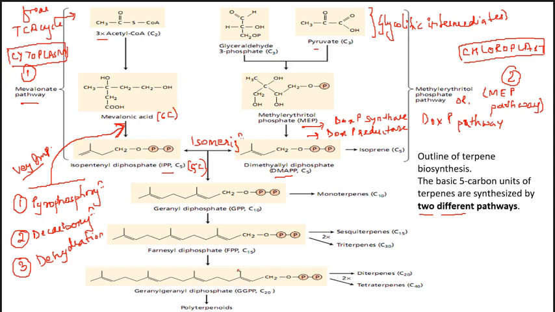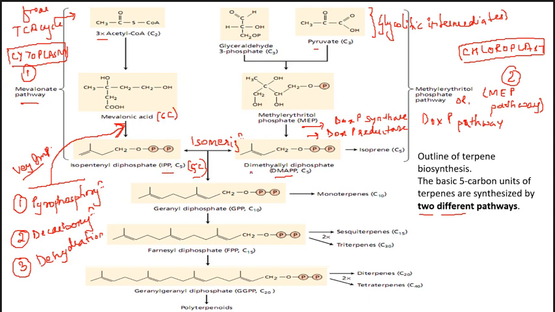So clear? After IPP and dimethylallyl diphosphate are formed, these are 5 carbon compounds. IPP from this pathway will isomerize to form DMAPP.